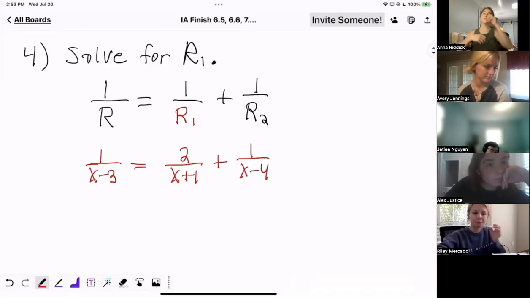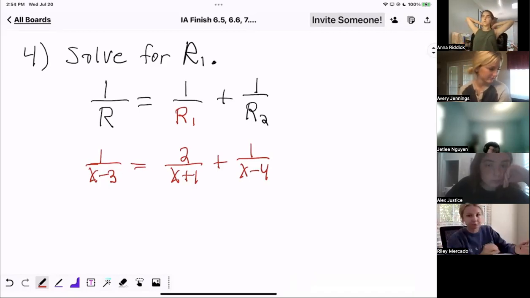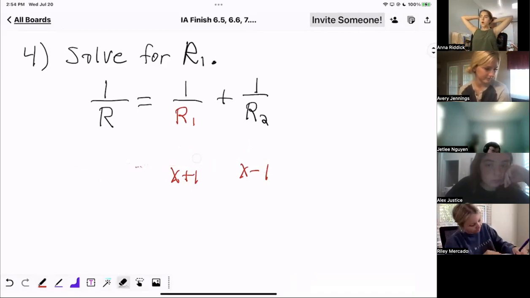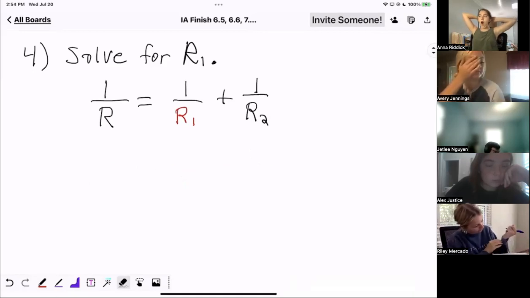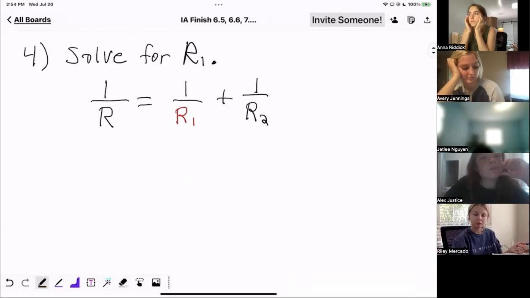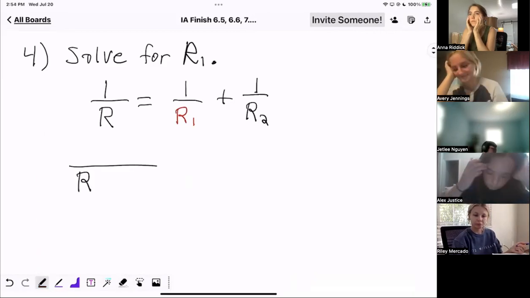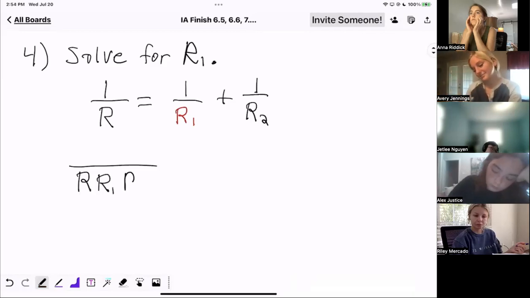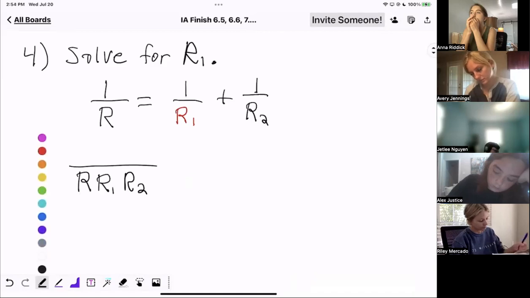What do we have to do? We have to get common denominators. So what is my common denominator going to be? These are all very different. R is different than r sub 1, which is different than r sub 2. So my common denominator is going to be all three of them. R times r sub 1 times r sub 2. They're all going to be the same. I'm going to make my r sub 1 red.